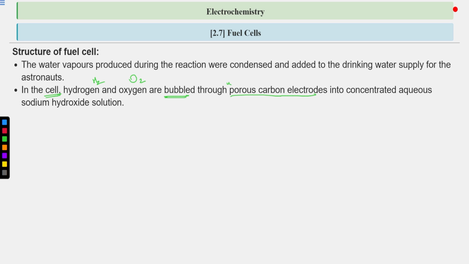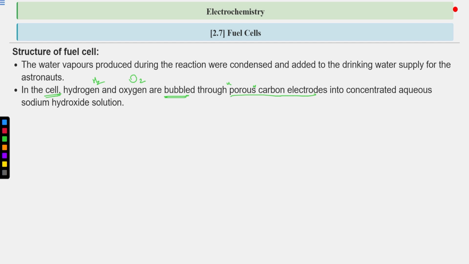Porous means the electrode has so many pores in it, empty spaces through which anything smaller can pass. So the electrode is of carbon and also porous, through which the hydrogen and the oxygen are bubbled into the concentrated aqueous hydroxide solution.